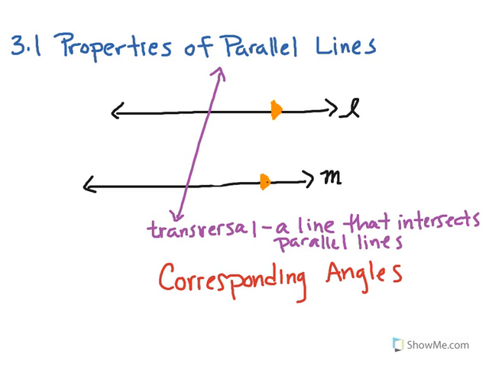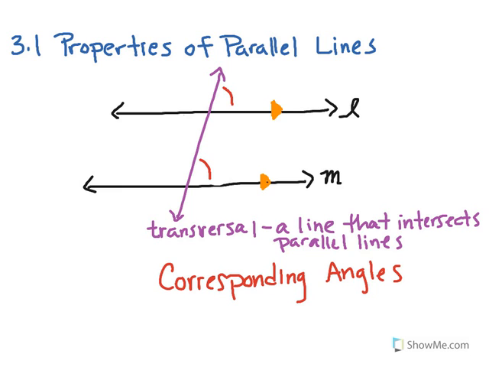Corresponding angles are congruent, and they are kind of the oddball of all the kinds of angles that come out of parallel lines. Corresponding angles are on the same side of the transversal, yet on different sides of the parallel lines. So, for example, it could be this angle here and this angle here. They're on the same side of the transversal, but on different sides of the parallel lines.